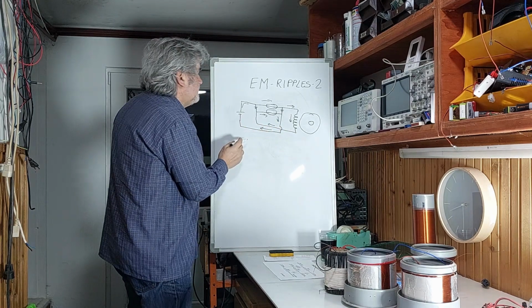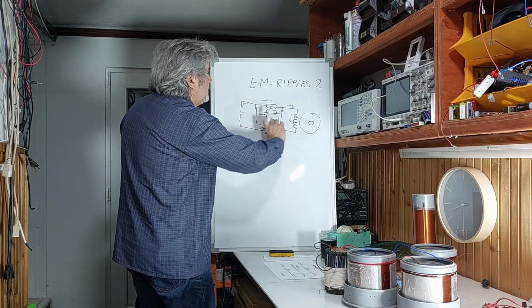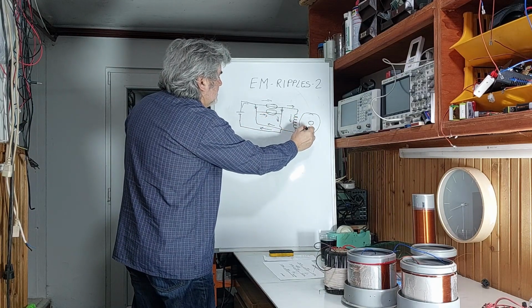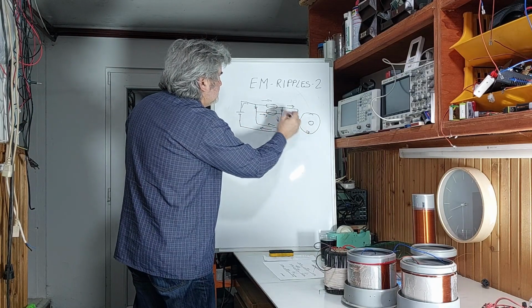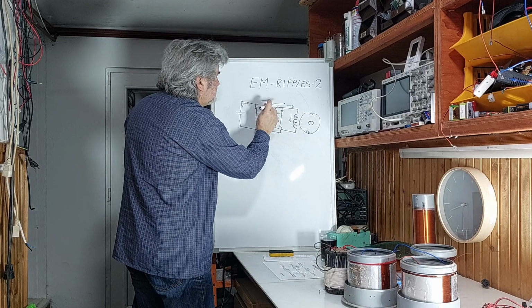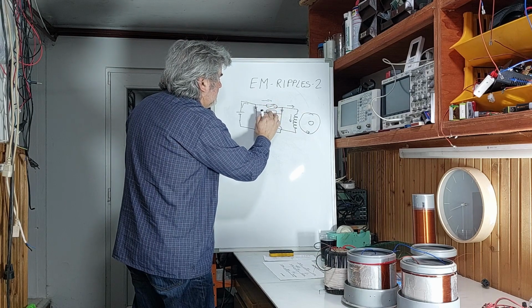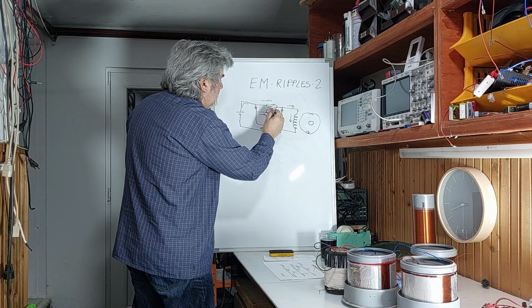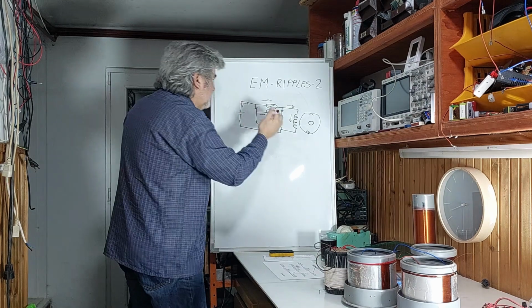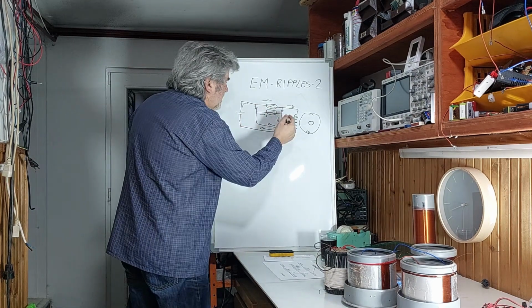When the magnet passes the coil, in this position, the reed switches are open, then the back EMF wants to continue.